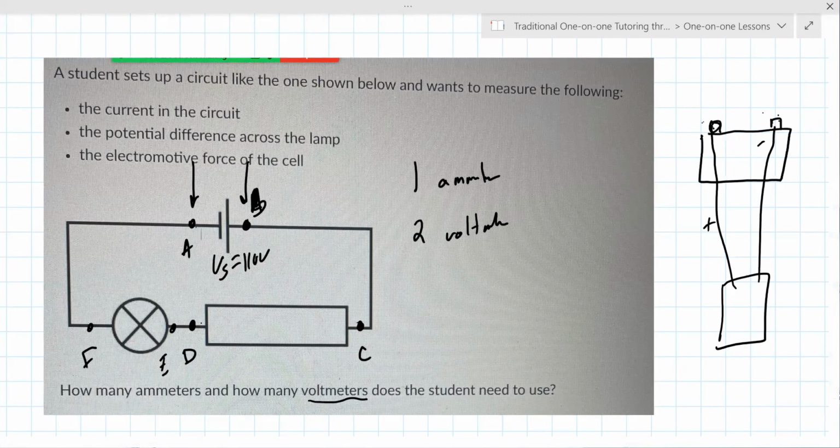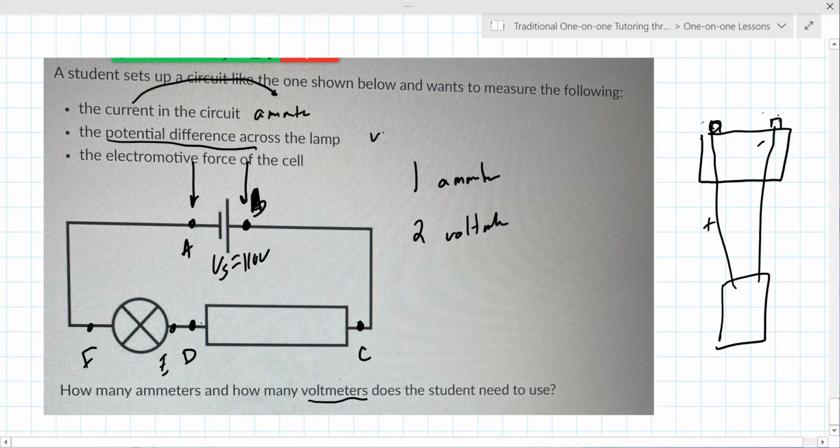So another way to look at it is, for current you need an ammeter. For potential difference, you need a voltmeter. And for the electromotive force of the cell, let me just double check that.